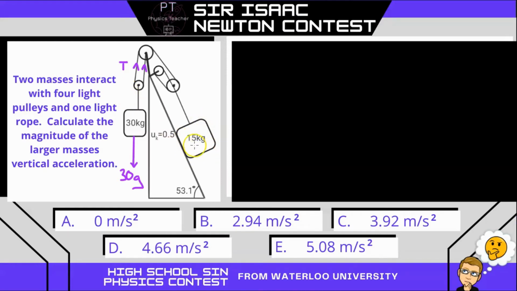Now for this mass here, it is going to have a kinetic friction parallel to the incline. So here we have Fk. We have a force of gravity acting vertically down, which we can split into components right here and here.